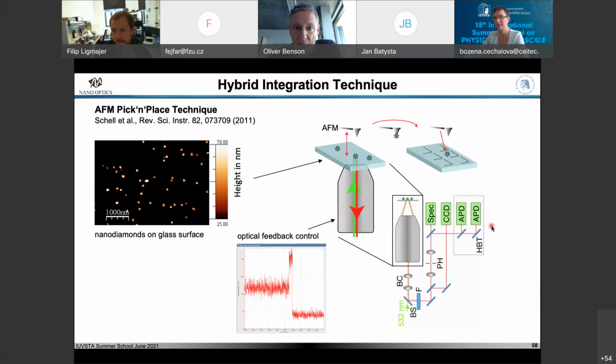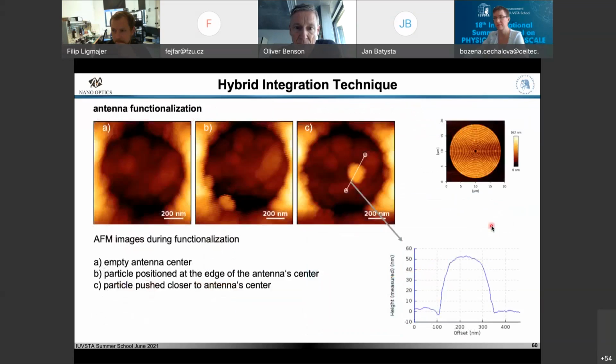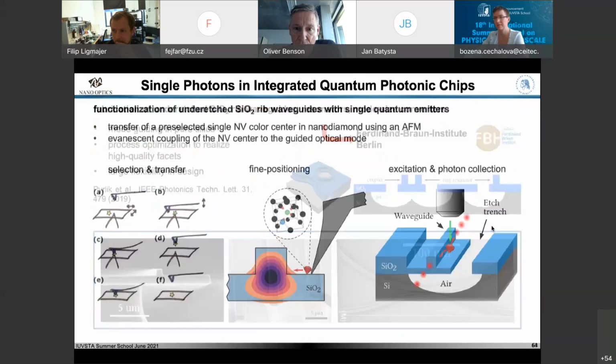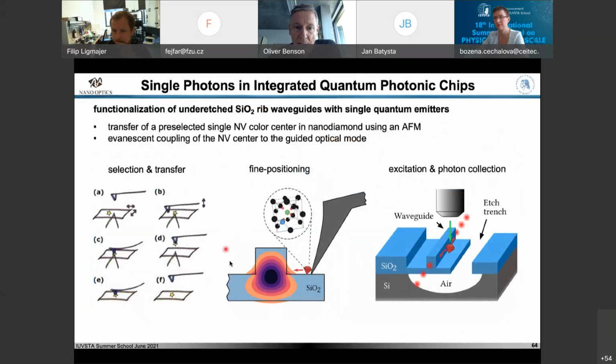And maybe just for discussion, I have to move forward a little bit and just show you the cartoon picture. This is one of the techniques that we can use, or that one can use for this kind of hybrid integration. So you use manipulators, AFM or micromanipulators to pick up small fragments. This could be diamond or 2D materials.